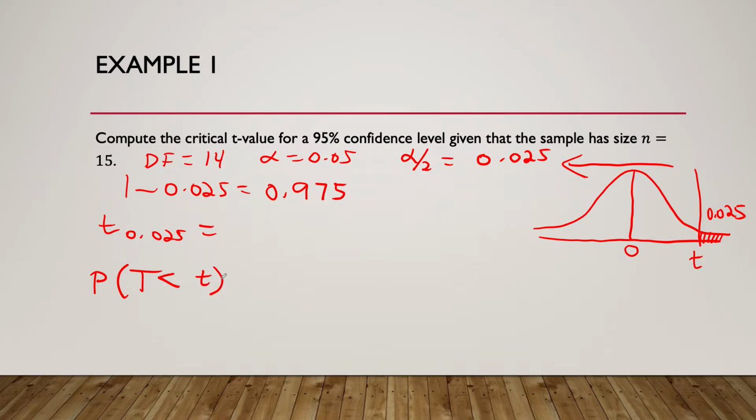That t value is supposed to be equal to 0.975, which is what this area here below it is. And tossing that into SAS will give us a t-score of 2.145, based upon that sample size of 15.